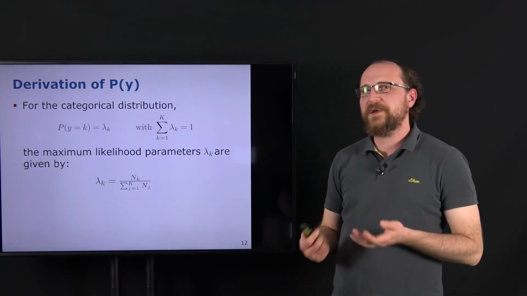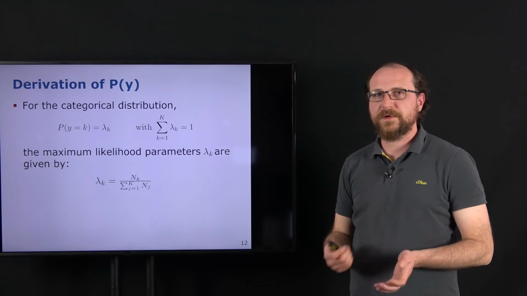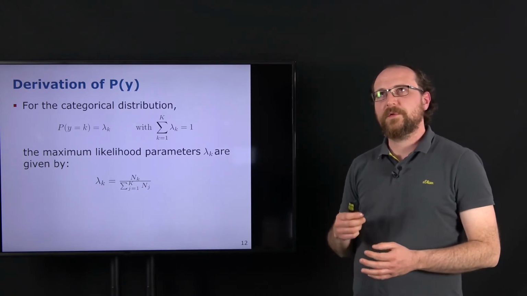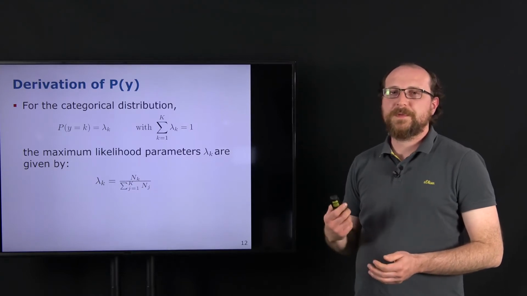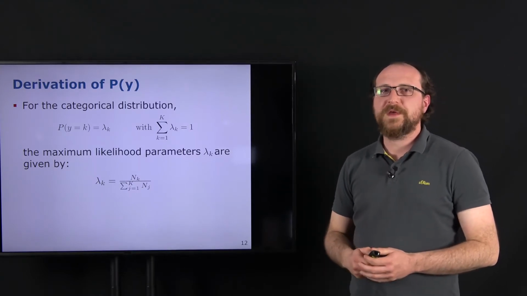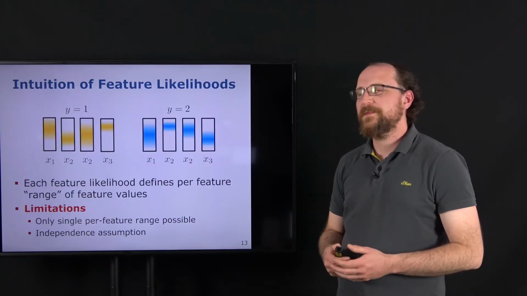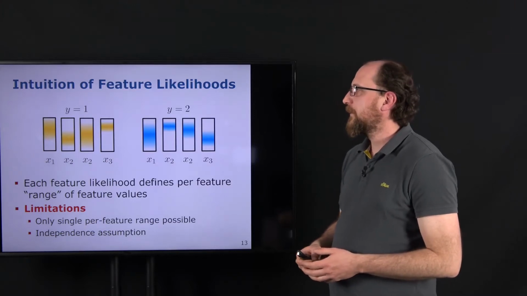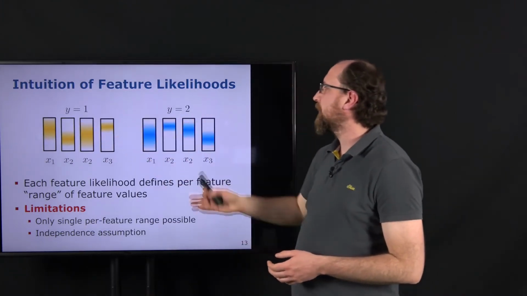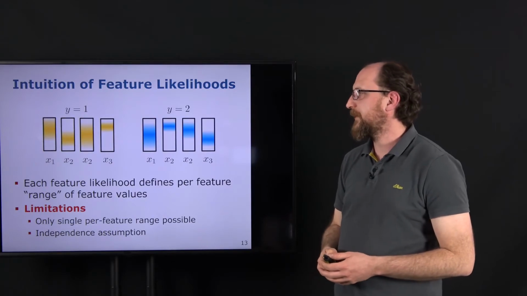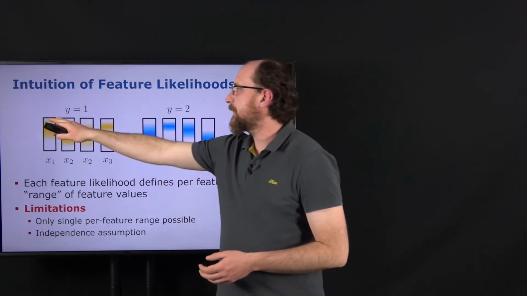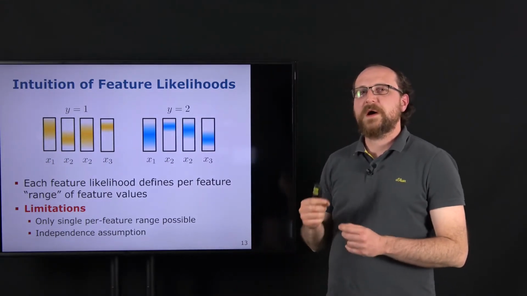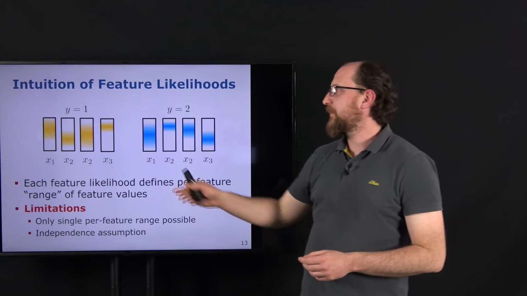When we now have the derivation of the parameters and we have the normal distribution for each feature, we can think about what naive Bayes gives us in the end: something like this. So for p of x given y, for y equals 1 and for y equals 2 in this example, we get for each feature a normal distribution that tells us where the most likely parameters for this specific class are.